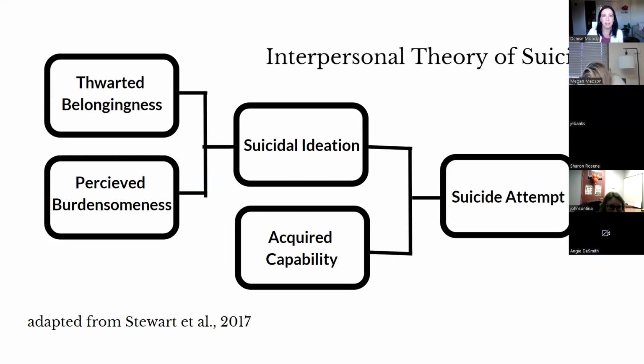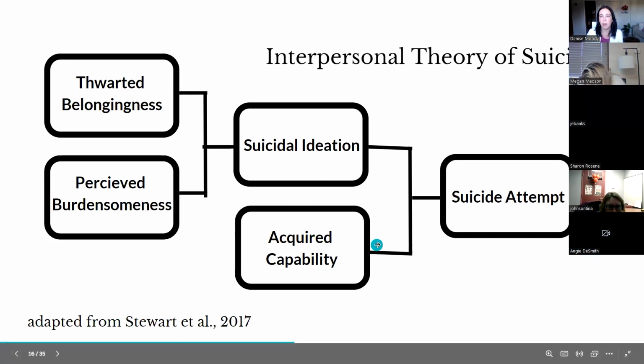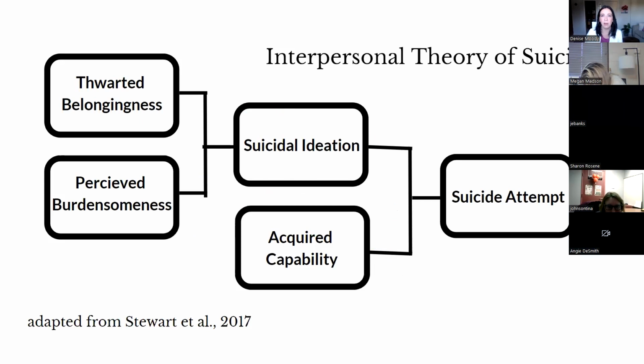When you've been in a combat situation, which we think about with veterans, and they have suicidal ideation and that acquired capability, when they've had those events in their life that have broken down some of that mysteriousness or fear of death, that is when you would get a suicide attempt.